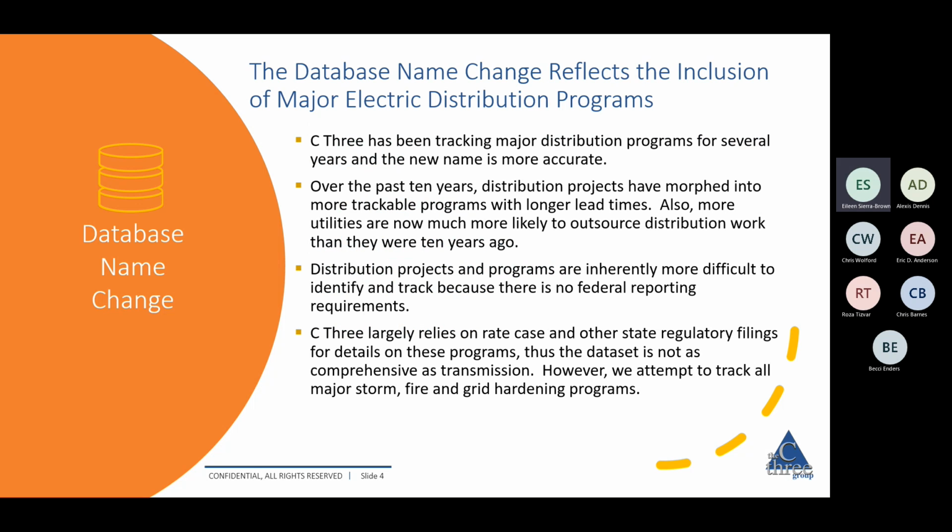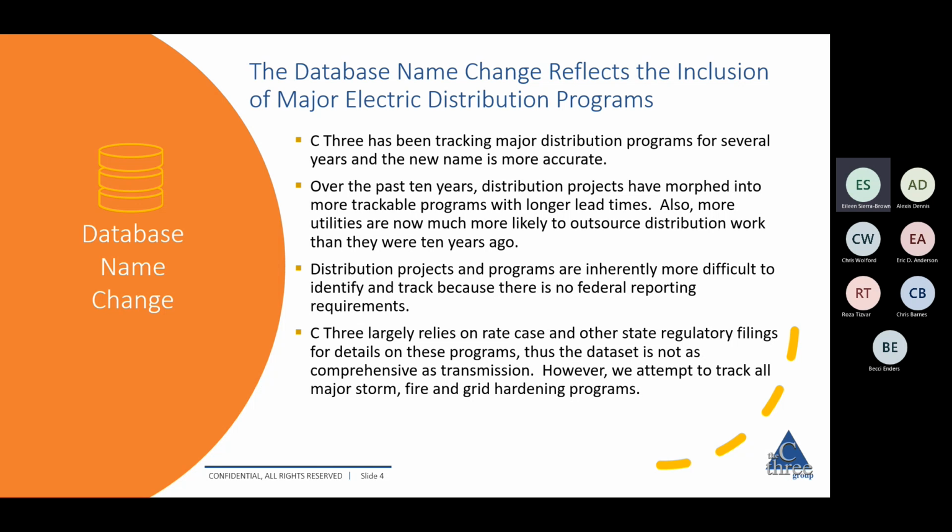This change is really reflective of the fact that in the last 10 years, distribution programs have really morphed into more trackable programs that we can more easily represent in the database with much larger lead times.